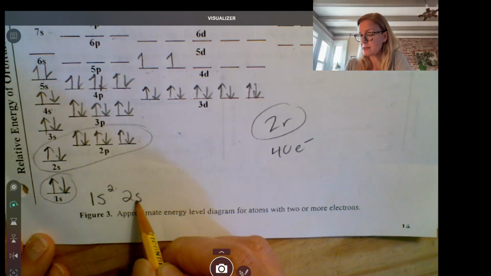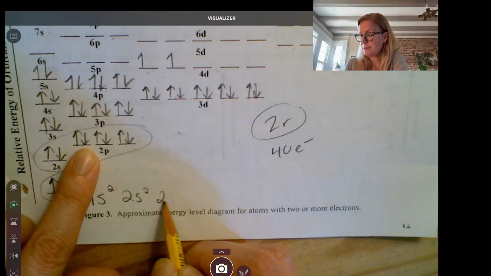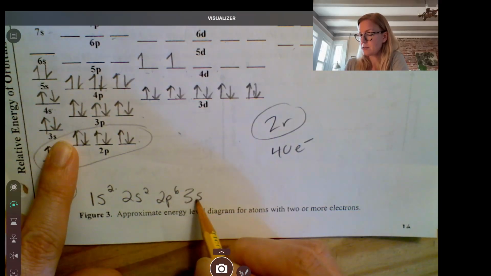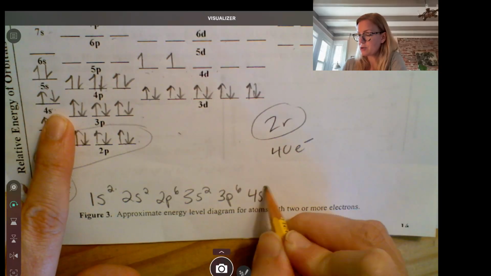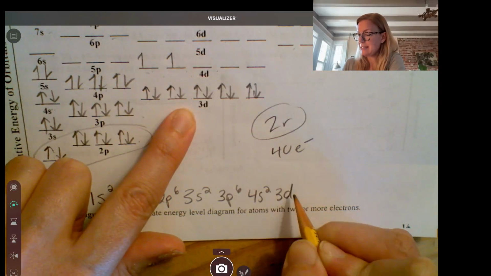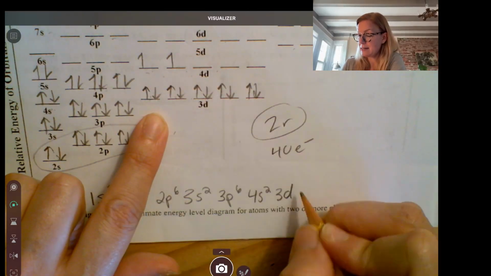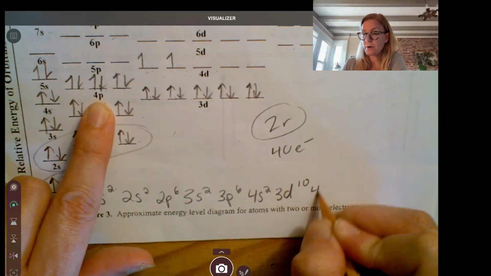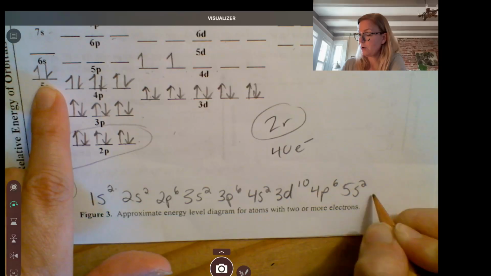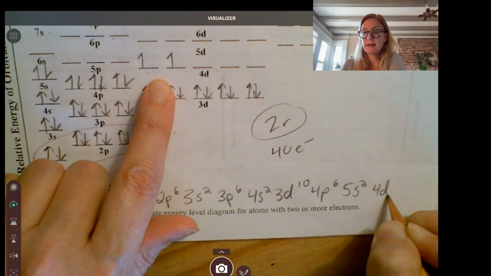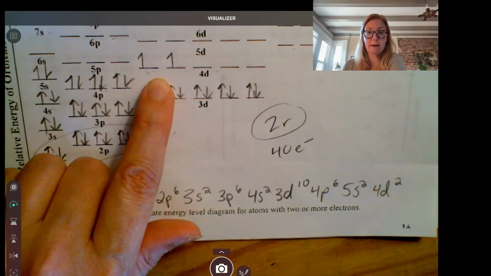Then we have 2s2, 2p6, 3s2, 3p6, 4s2, 3d, 2, 4, 6, 8, 10, 4p6, 5s2, 4d2, and then we stop, okay?